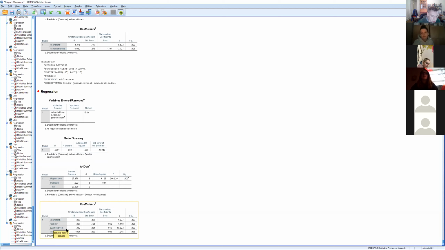Okay, because we have multiple predictors, we can use the standardized beta coefficients to answer the question of which has the strongest impact on adult arrests.